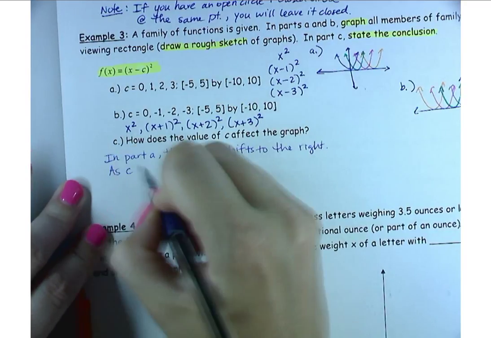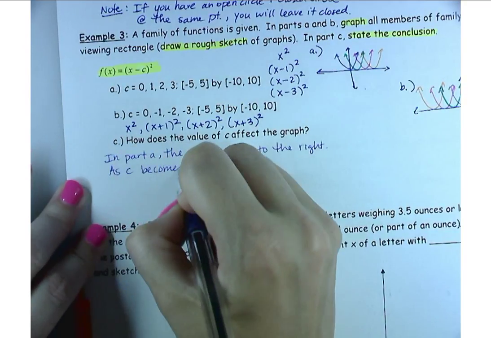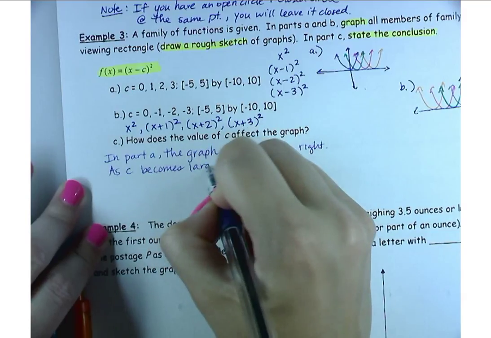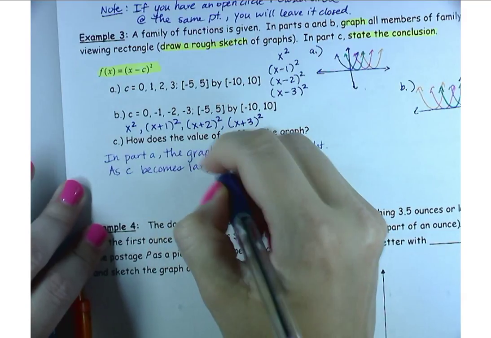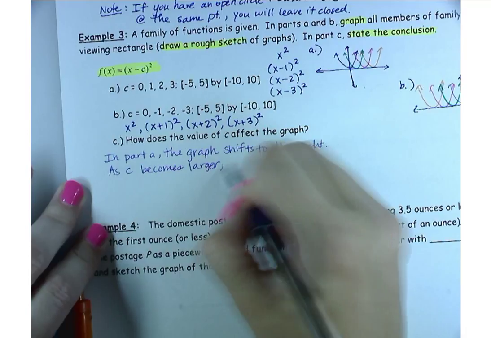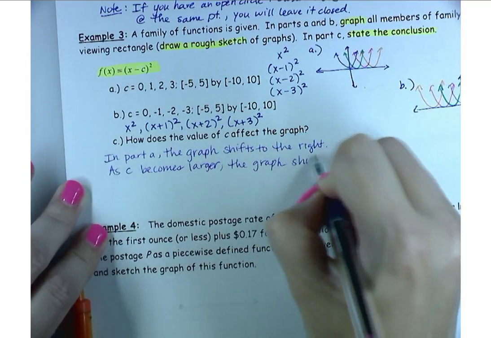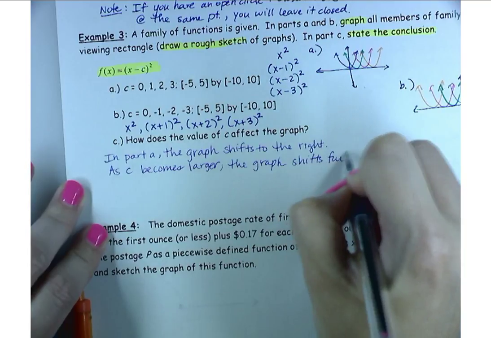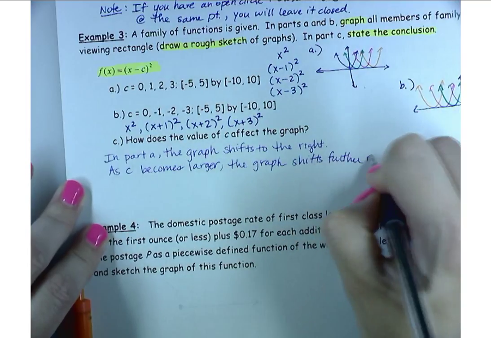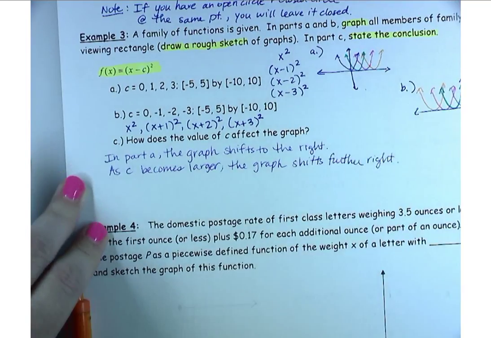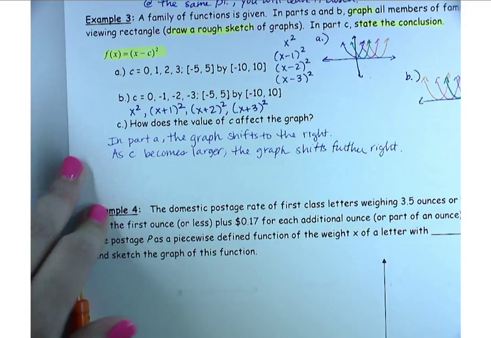As C becomes larger, the graph shifts further right. Okay, so as the C value goes up, the more it's going to shift to the right.